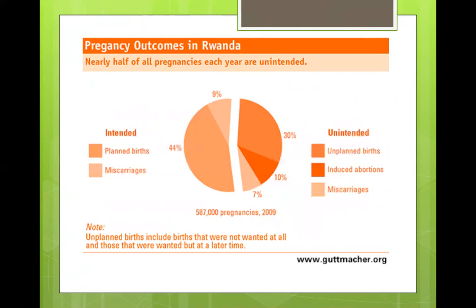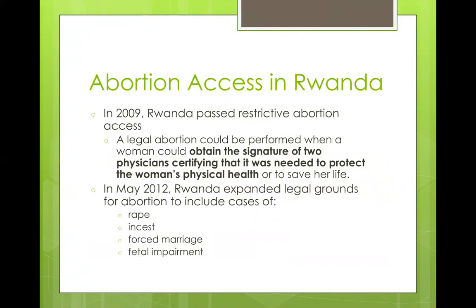As you can see in this data, in 2009, there were 587,000 pregnancies, 10% of which ended in induced abortion, where a large chunk also ended up in delivery. Currently in Rwanda, women are having, on average, 5.25 children per family, which is much higher than a lot of the developing nations.